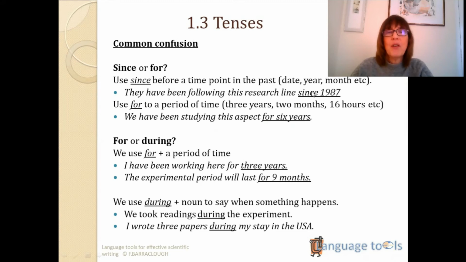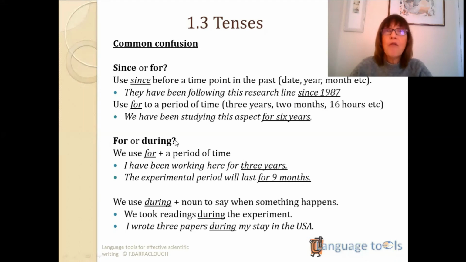So this is continuous up until the present, since this moment in the past. Whereas for refers to the period of time, so we will speak in terms of years, months, hours. "We have been studying this aspect for 6 years." So this sometimes creates confusion.